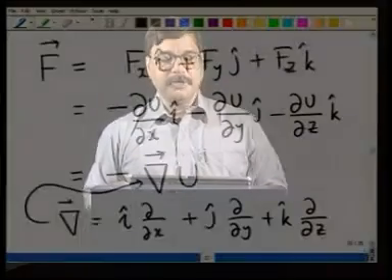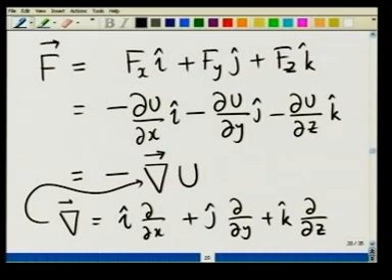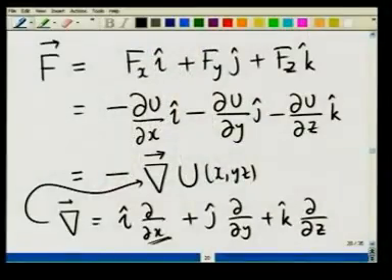When I write this in front of a potential energy u(x, y, z) or any function of x, y, z, what it means is take partial derivative with respect to x, multiply this by i, take partial derivative with respect to y, multiply by j unit vector, take partial derivative with respect to z, multiplied by k unit vector, and add all three. So, this gives me a vector after taking the partial derivative. This is known as the gradient operator.